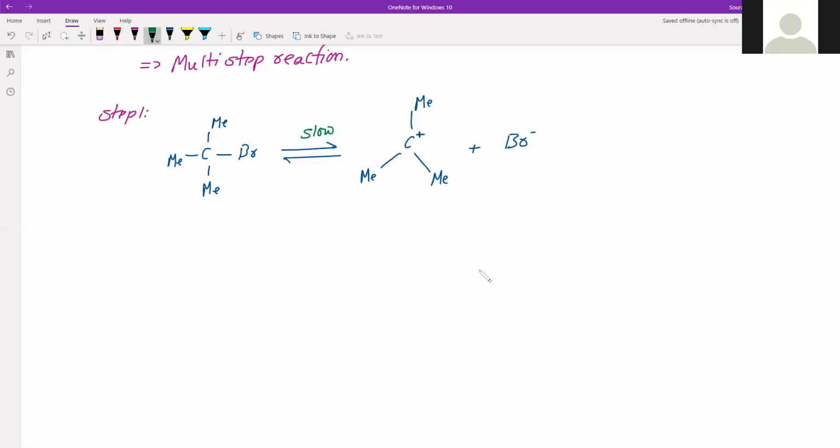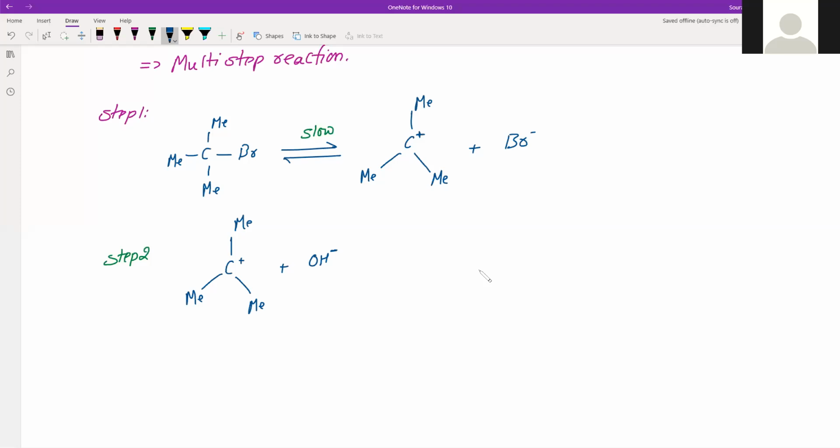In the second step, the nucleophile which we had will attack this carbocation. A carbocation is a positively charged carbon, so that is the site on which a nucleophile can attack easily.